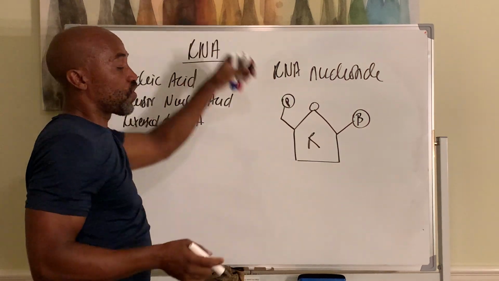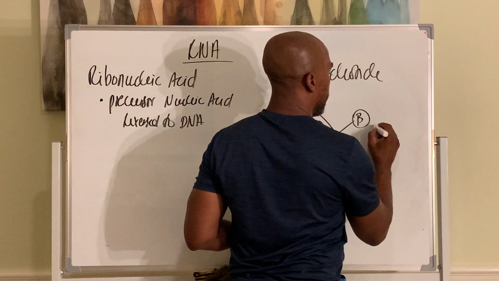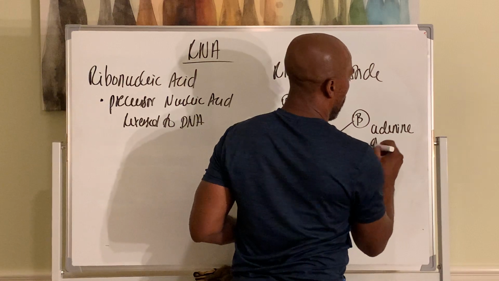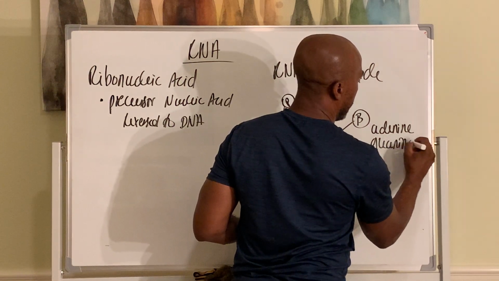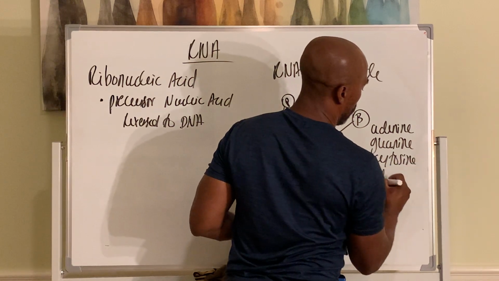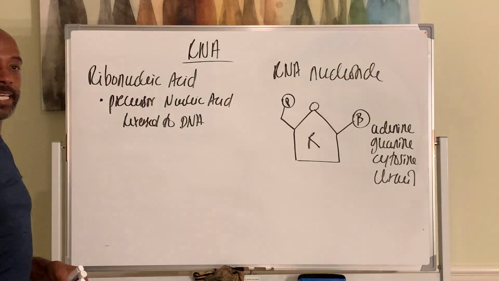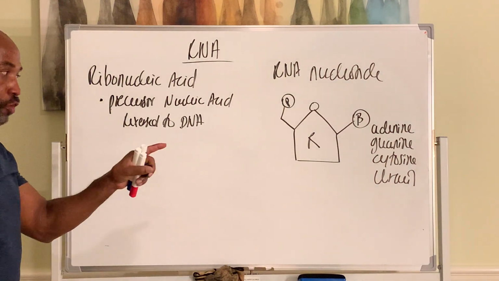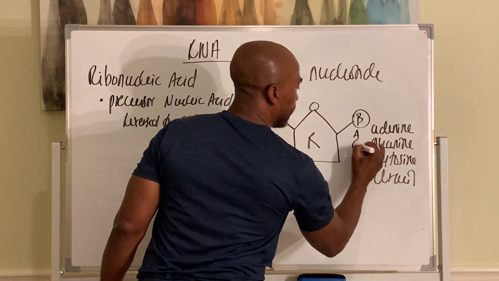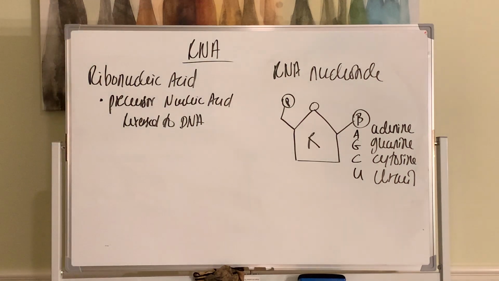The potential bases for RNA are adenine, guanine, cytosine, and uracil. There is no thymine in RNA. It's just uracil. So you'll have A, G, C, U as potential bases.